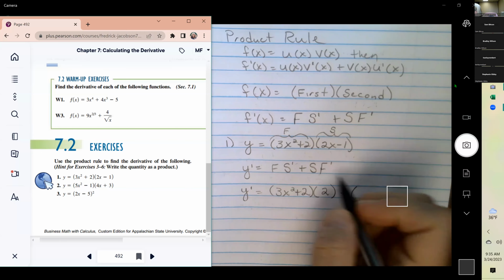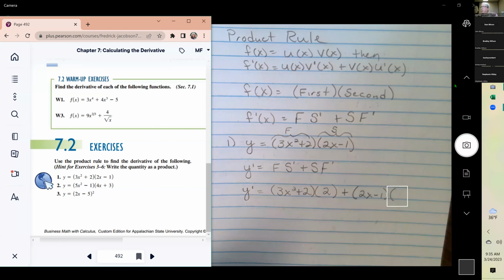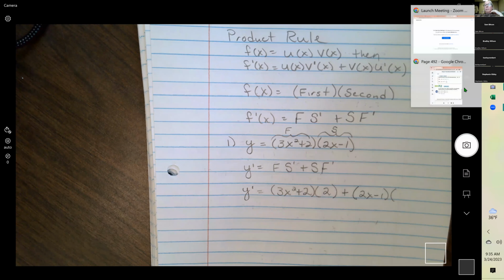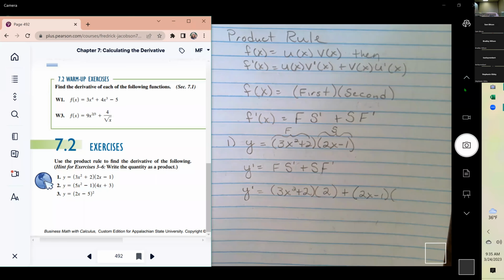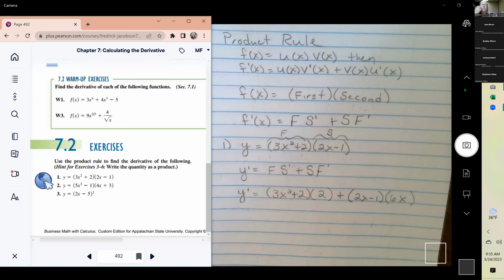Plus the second, 2x minus 1 times the derivative of the first. And the derivative of the first, 6x. Yeah, that's what I got.